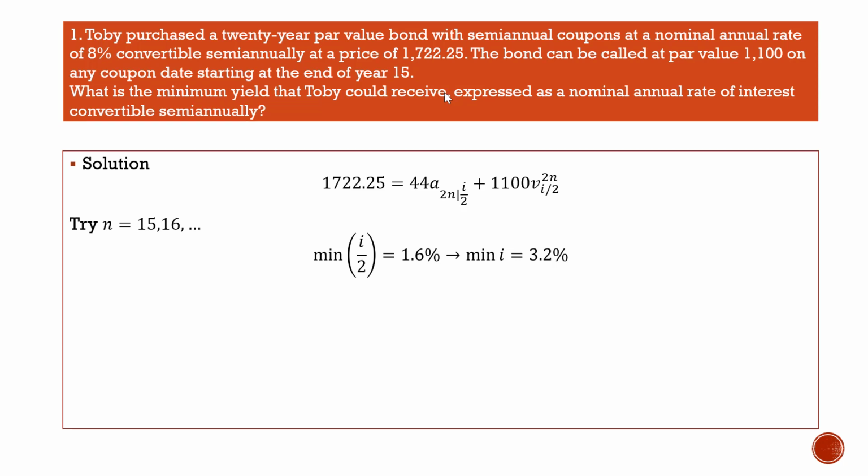But here the question asks for the minimum. That means the question asks for the worst. So the bond should be called at the earlier time, which is at time 15. So we basically just use 15 as the year to compute the interest rate, and we got 1.6% for each half year, 3.2% for the whole year.